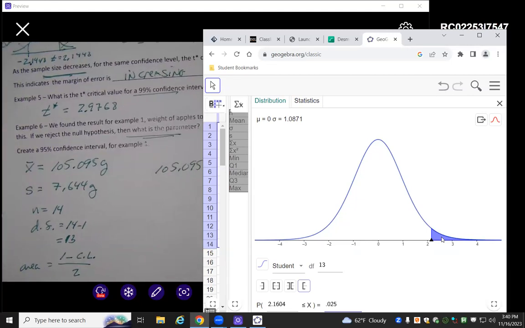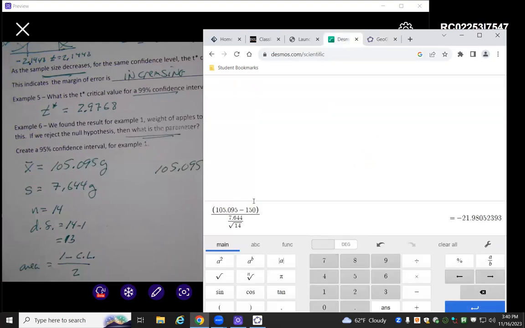And now I'm going to just punch this all in the calculator and see what the results are. And I'm going to use Desmos again. So again, I'm going to enter everything in one shot.